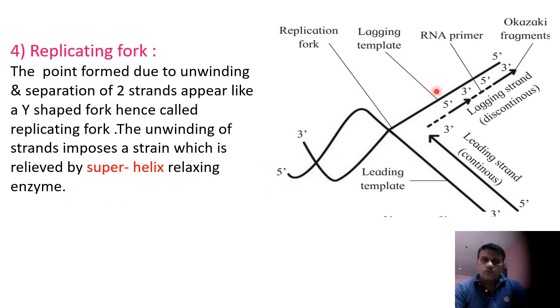On these two separated strands, new strands are produced later on. Here we can see that a new strand is being produced and another one is being produced here. So a replicating fork is formed due to the unwinding of the DNA strands of the parent DNA.